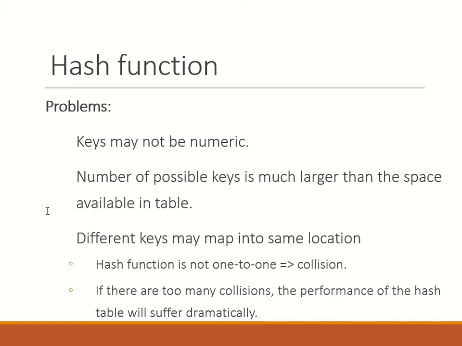So whenever you design a hash function, you have to be clear that it has zero or minimum collision. There should not be a collision at all. If the hash function does produce collision, then you should also propose a possible way to resolve the collision.